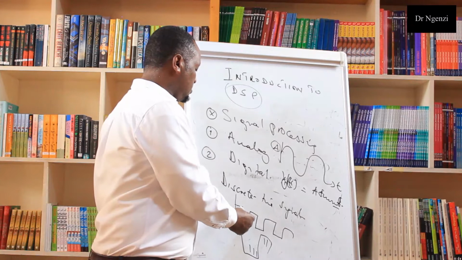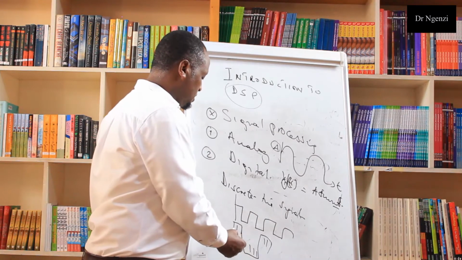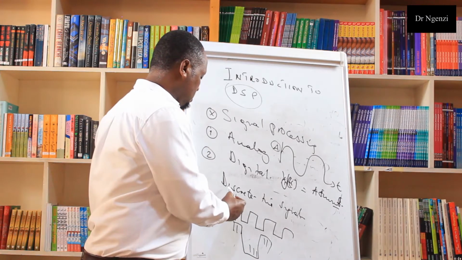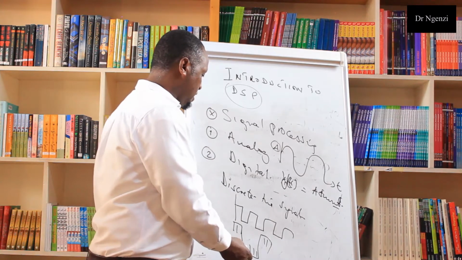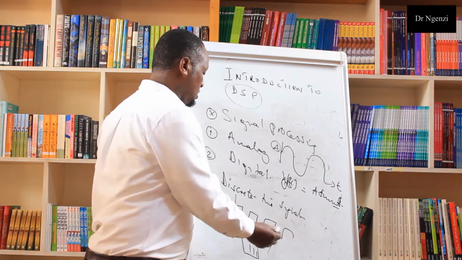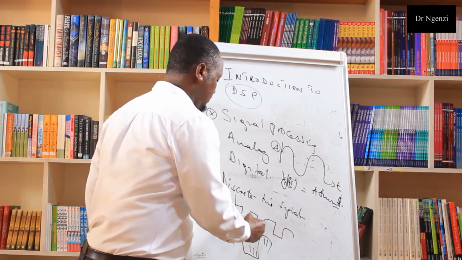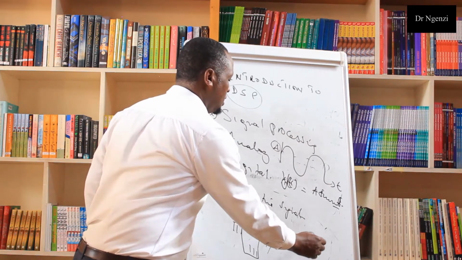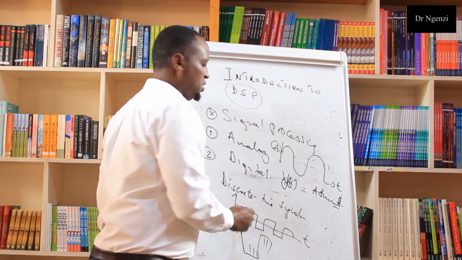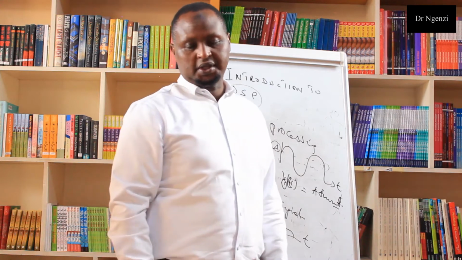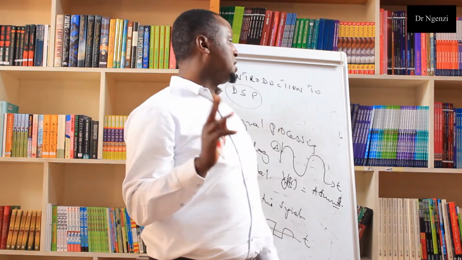Before it becomes digitized, it has to pass through this discrete stage, and then it is purely a digital signal that we require in our processing. So those are the main processing types.